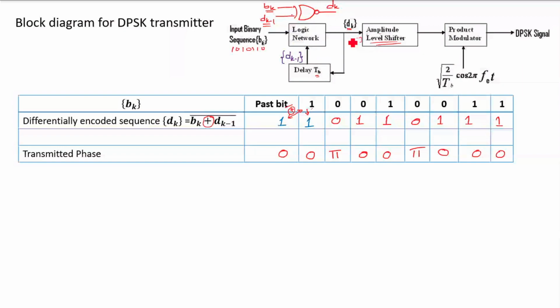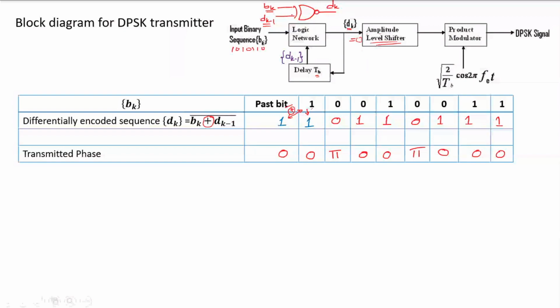So a simple XNOR gate is used here, and there is an amplitude level shifter. If it is 1, the phase is not going to change. If it is 0, the phase is going to be pi, a negative value. This part is nothing but binary phase shift keying.